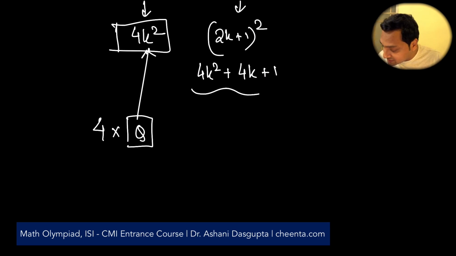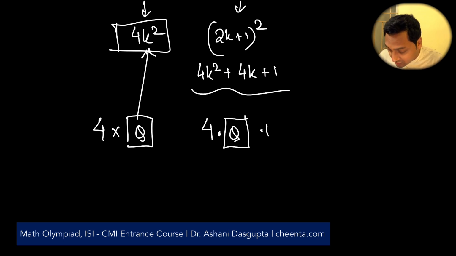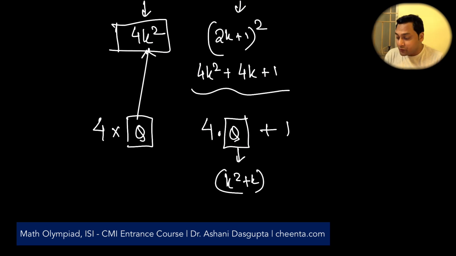And this one is 4 times some quotient plus 1. And this quotient is, if you take 4 as common, k squared plus k. So what I just showed you is that any square number produces either 0 as remainder when divided by 4 or 1 as remainder when divided by 4. The other two cases, 2 and 3, do not happen.